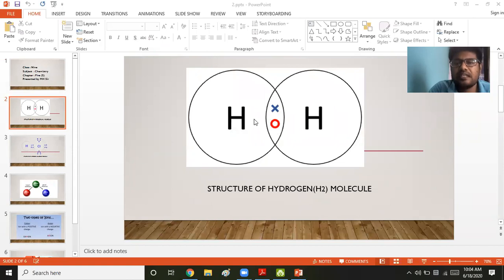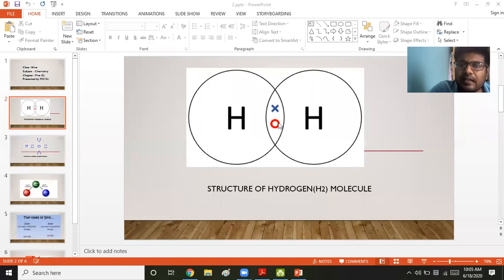You can see the structure of hydrogen here. Is it clear? Yes, sir. You know the atomic number of hydrogen is 1. Suppose this electron is for one hydrogen atom and this electron is for this hydrogen atom. Actually, the property of the electrons of this hydrogen and this hydrogen is quite the same, but only to understand, both electrons are coming from two different hydrogen atoms.